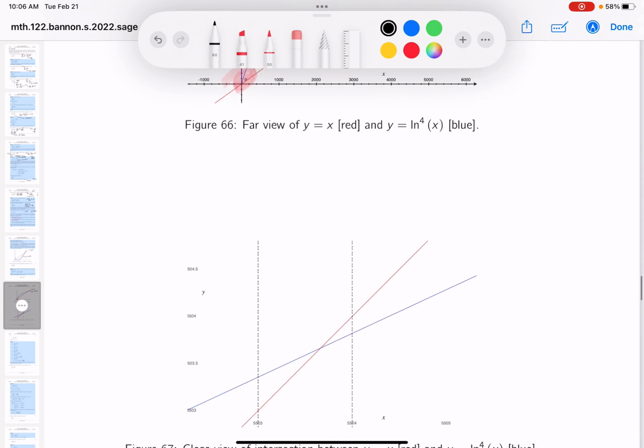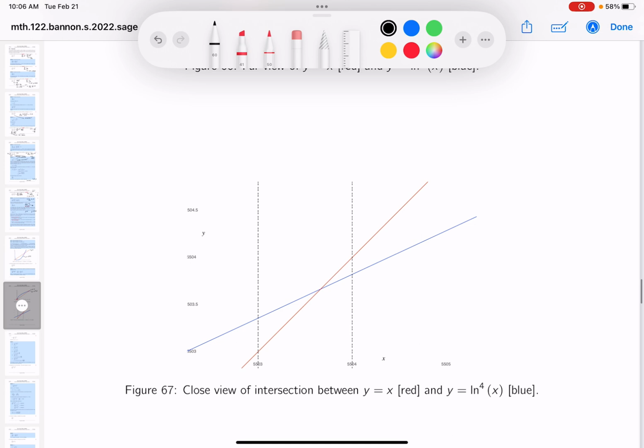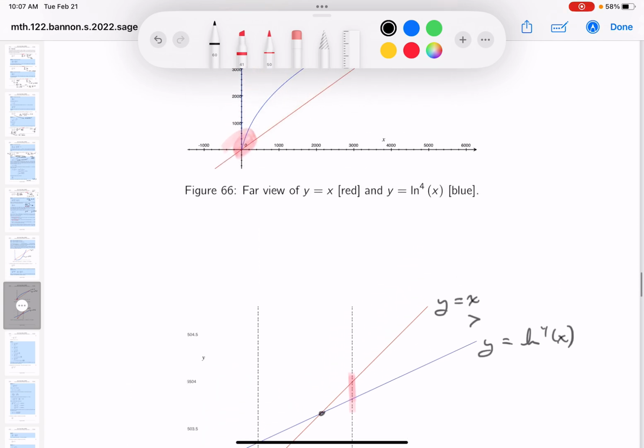Now, if you keep going out and out, I went out a little bit further. I zoomed in on this region over here to find a point of intersection. And what is it between? It's between these two numbers over here. So the belief is that at some place, that red curve is going to be above the blue curve. So y equals x is going to be greater than y equals ln 4th power of x.